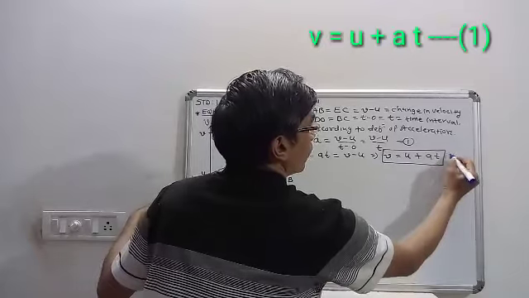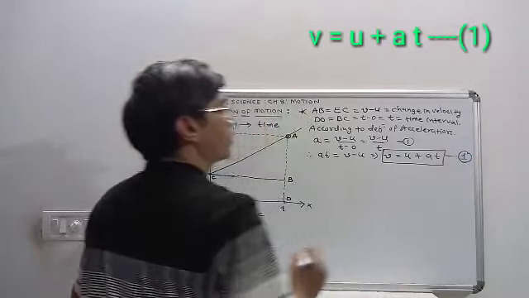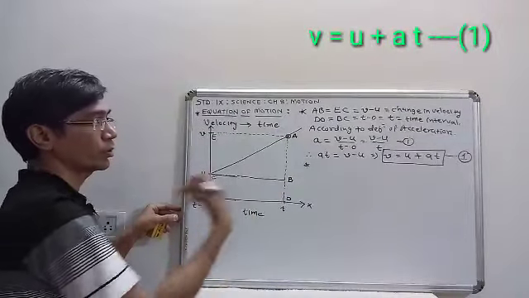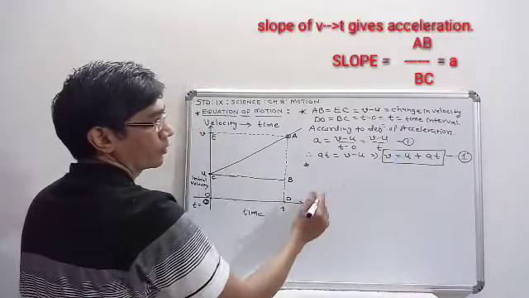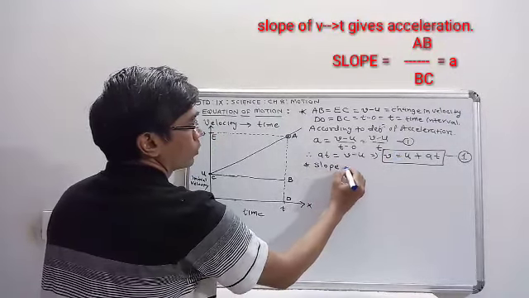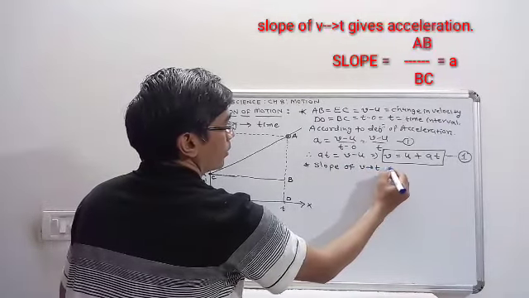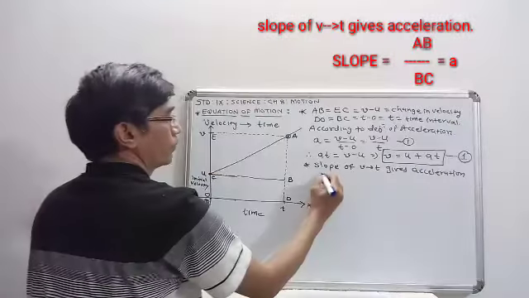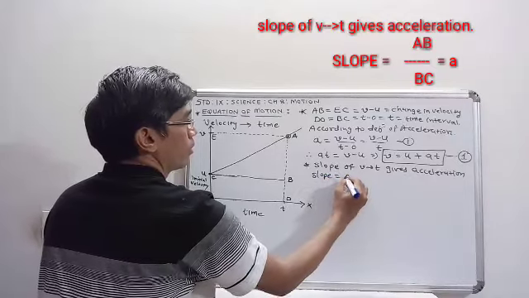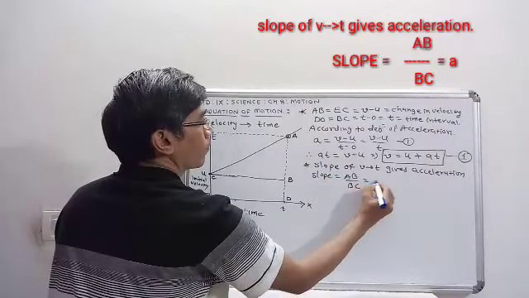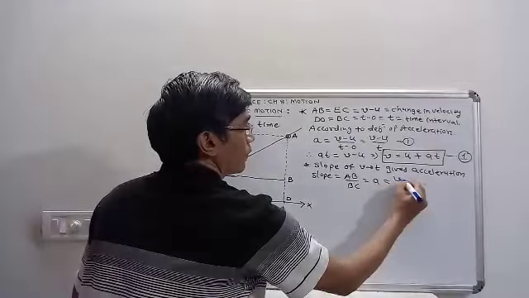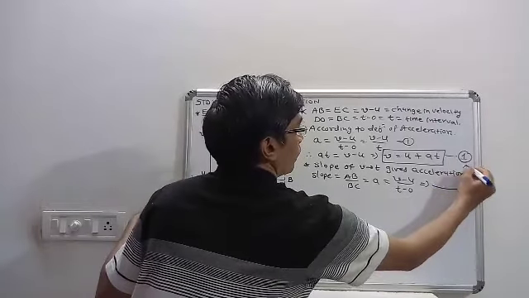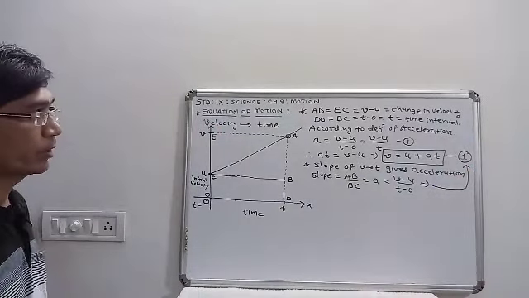So this is the first equation of motion. The slope of the v versus t graph gives acceleration: the slope is AB upon BC is equal to a, and it is v minus u upon t minus 0. This gives the first equation of motion.